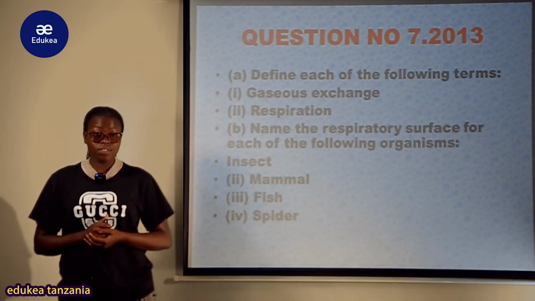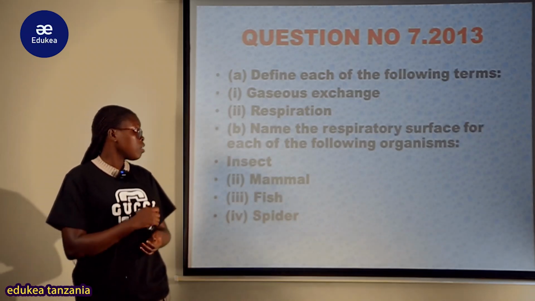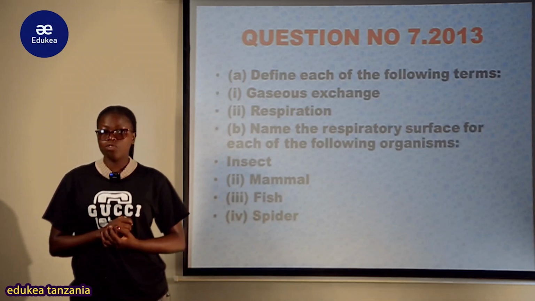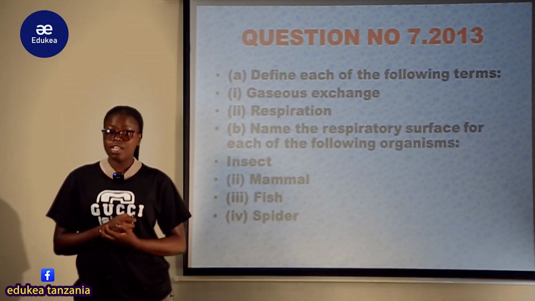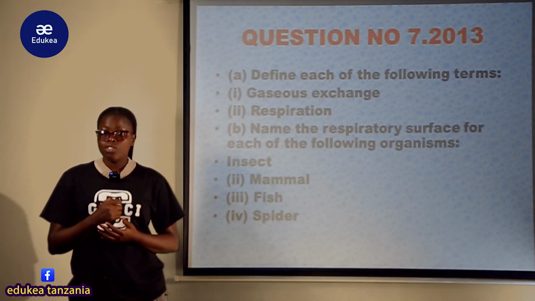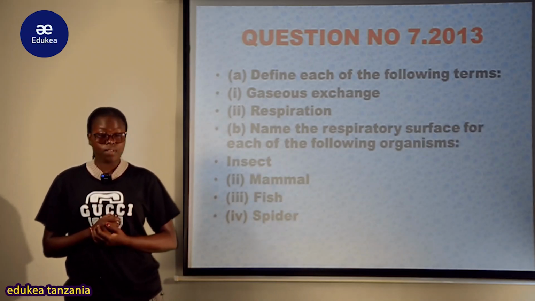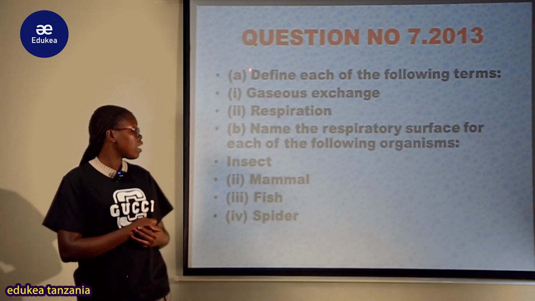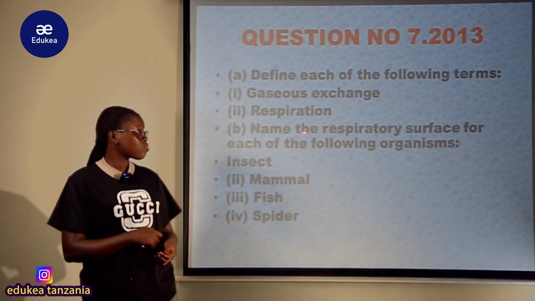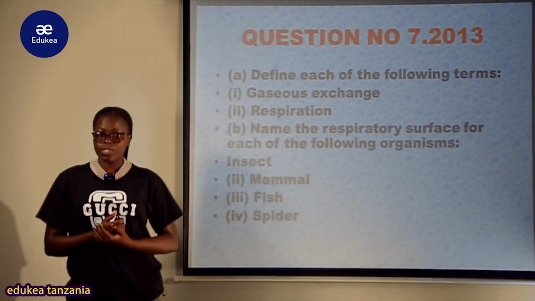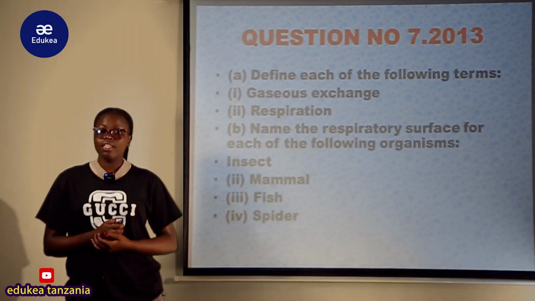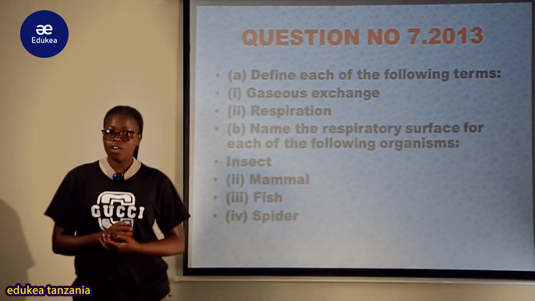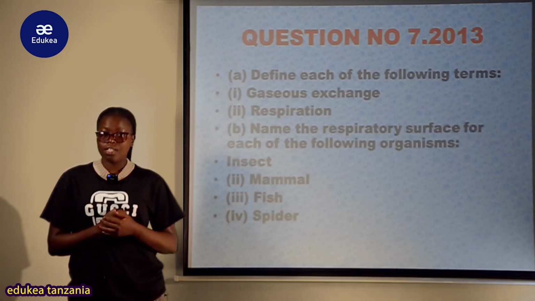My lovely Form 2 students, before we answer the question, we have to familiarize ourselves with the way this question has been constructed, so that we can use that particular knowledge to attempt the question. Roman A has been derived from the topic of gaseous exchange and respiration. So in order to tackle this question nicely and give the correct response, you need a deep understanding of this topic.